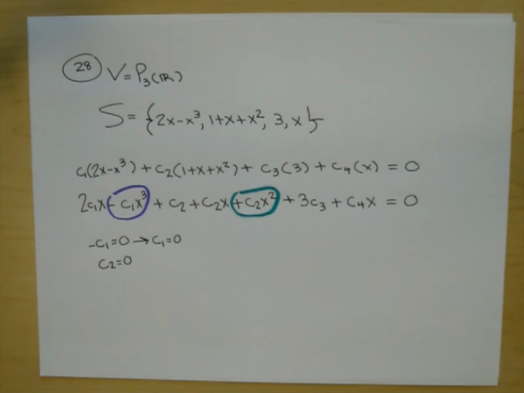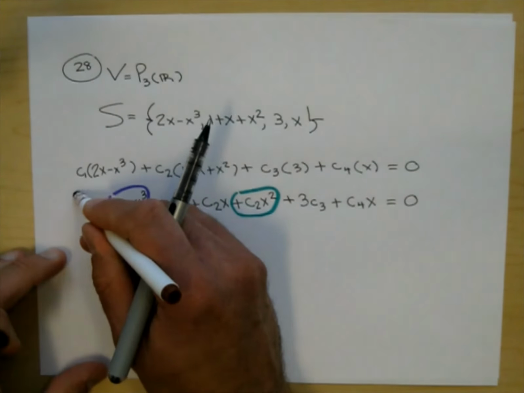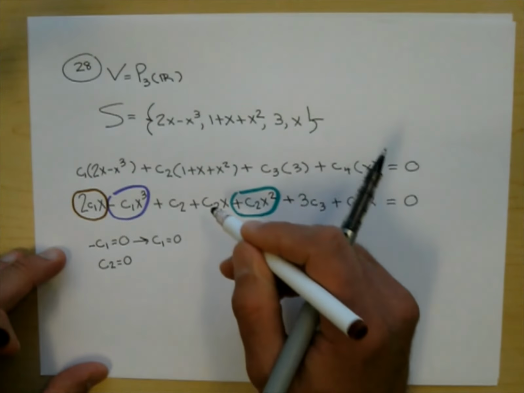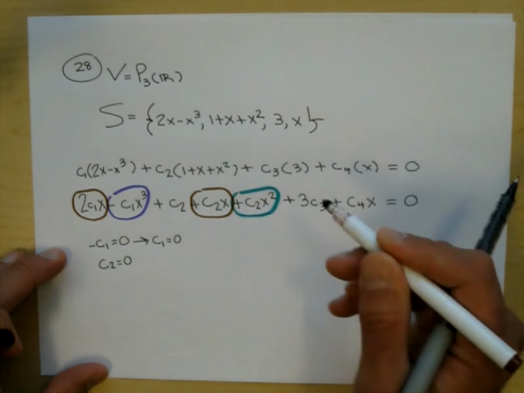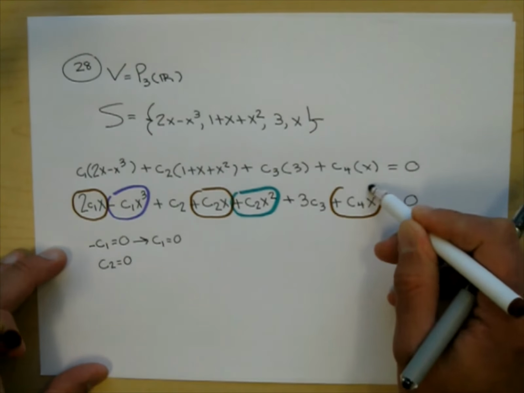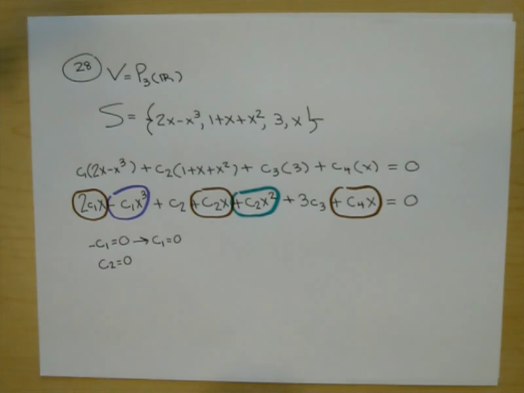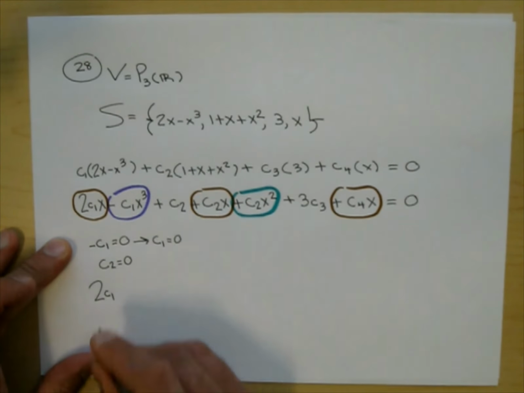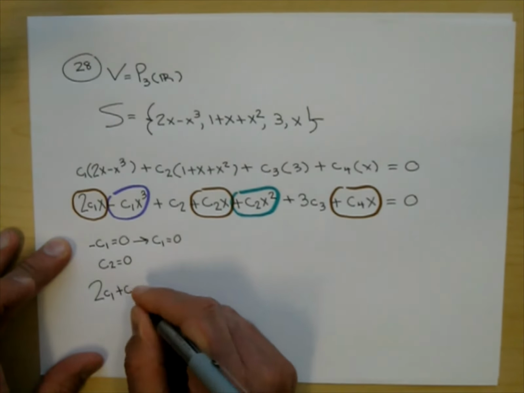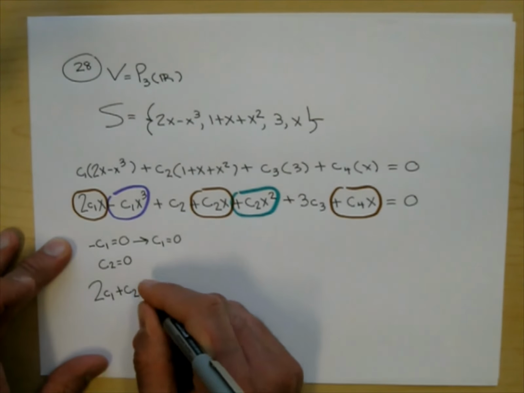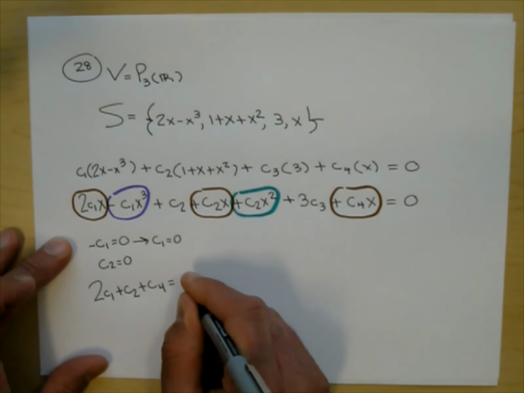I'm going to circle all the x's with a different color. So this one gives us 2c1 plus c2 plus c4 equals 0.